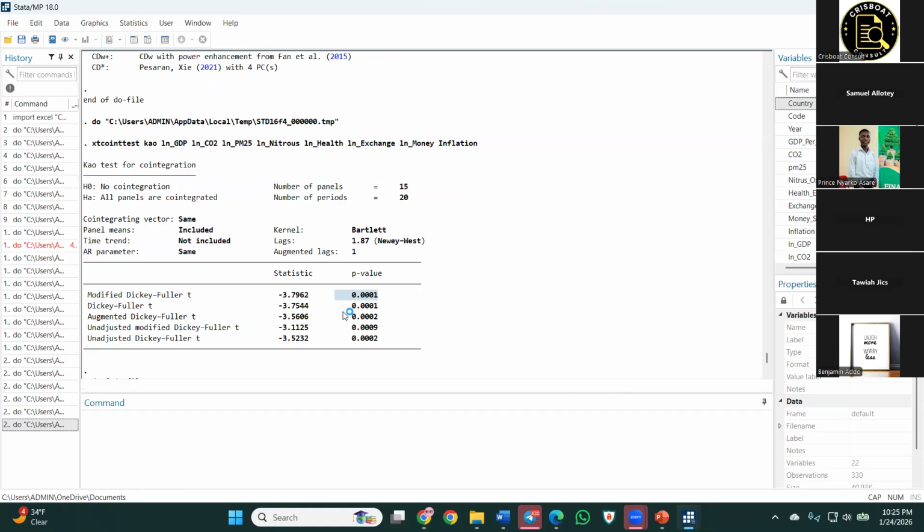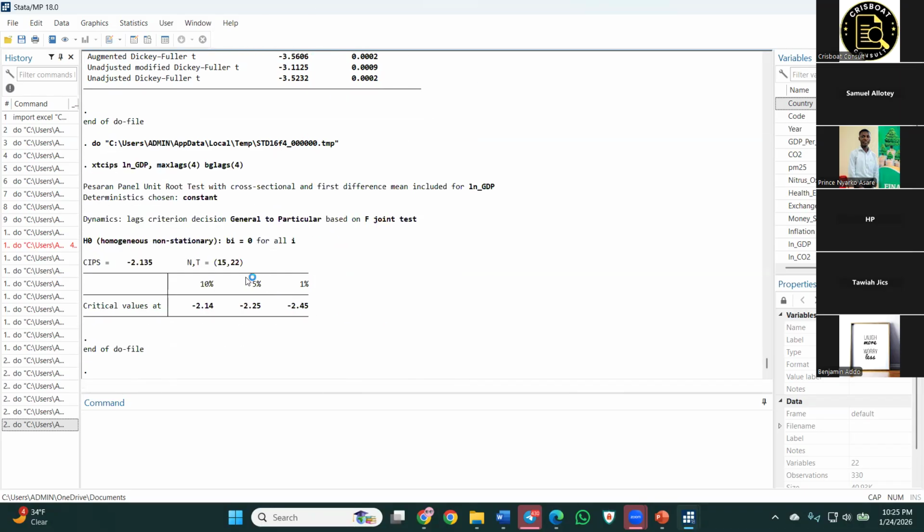If it is not significant, then we fail to reject the null hypothesis. The same thing applies to the unit root. Here we use the statistic, the SIPS statistic, which is this one, to compare with the critical values. And the null hypothesis states that it is homogeneous, non-stationary.